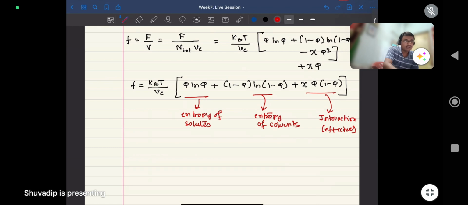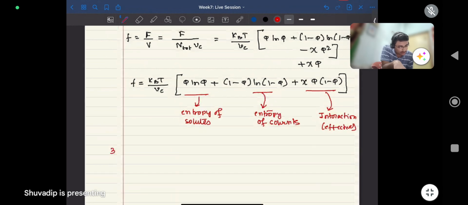Okay, let us do one more question from our question bank. Question number 3, the Helmholtz free energy. Basically it gives all possible options and it asks what is the Helmholtz free energy density as a function of phi.